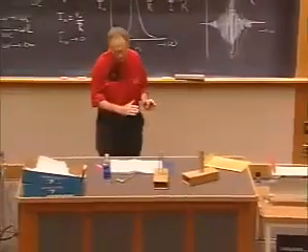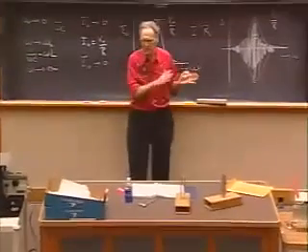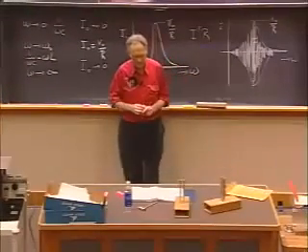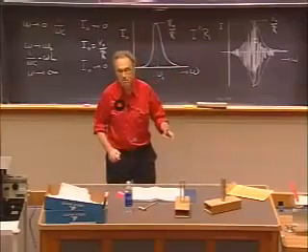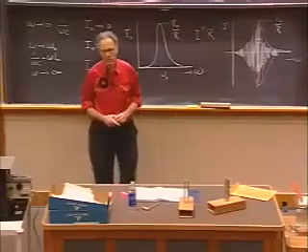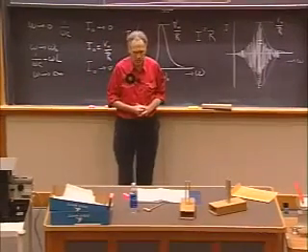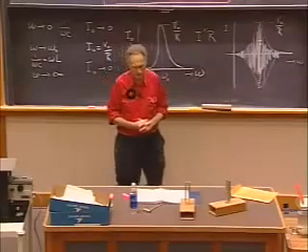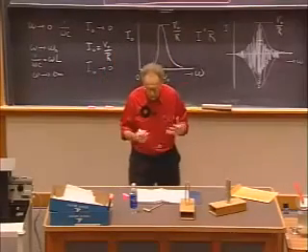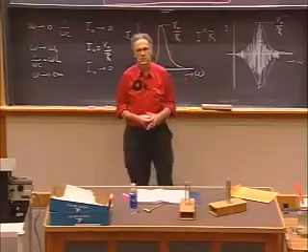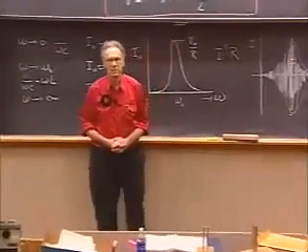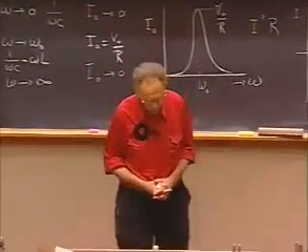Now let us stick for now to visible light. The higher the energy, the bluer the light is. Or, as modern physicists would say, the higher the frequency. And the lower the energy, the redder the light. The lower the frequency.